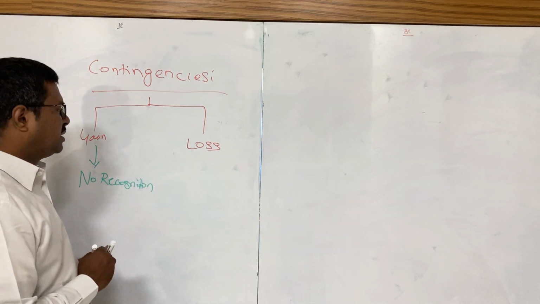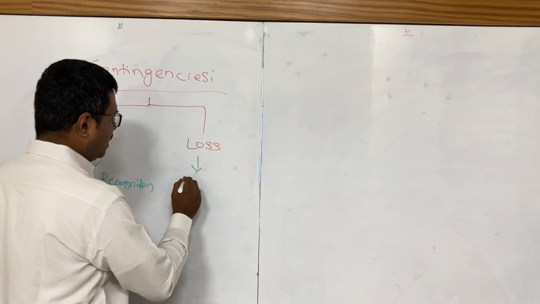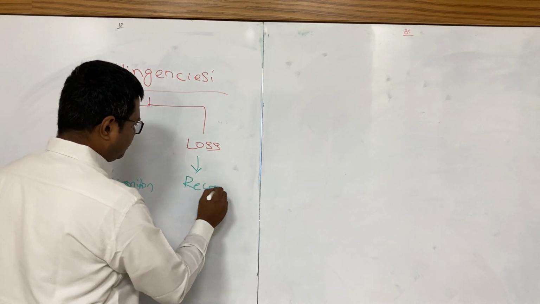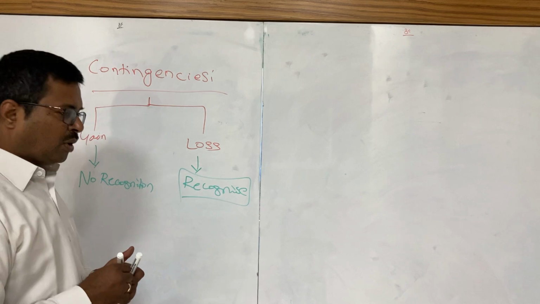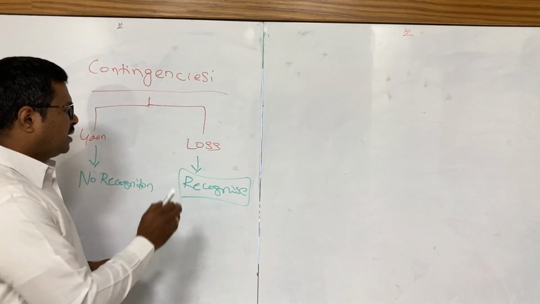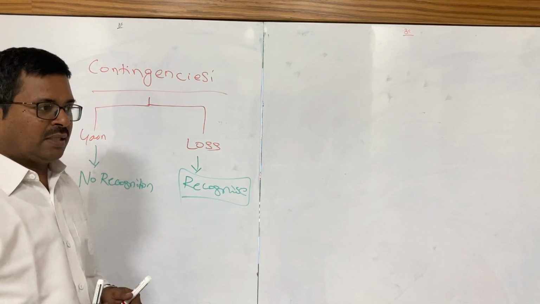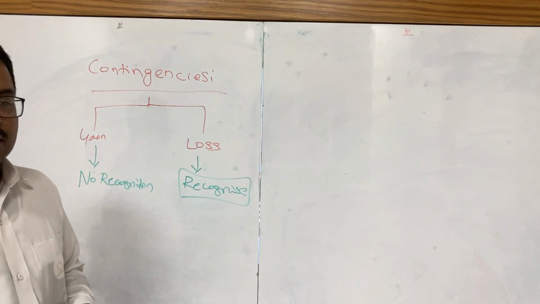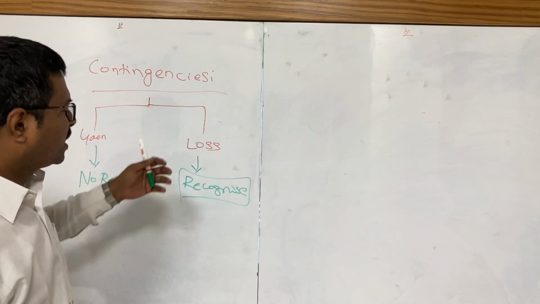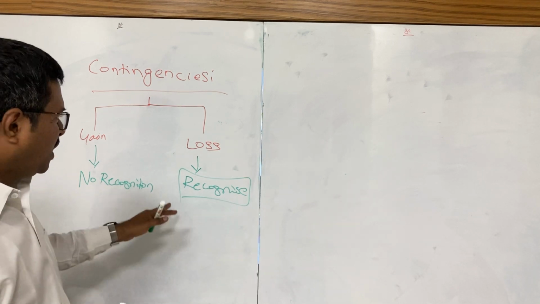In case of contingent loss, you have to recognize. Now you may say, sir, the event is uncertain, the gain or loss is uncertain, the situation is uncertain, then how will you recognize loss? Yes, it is prudent to recognize loss.